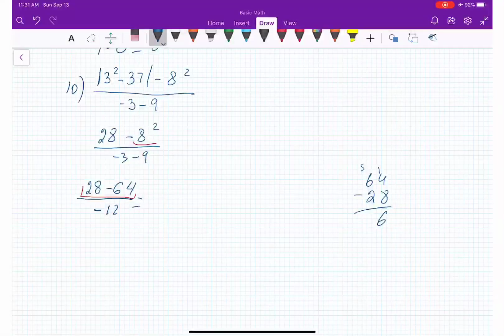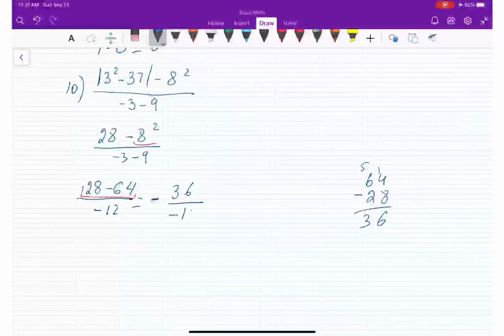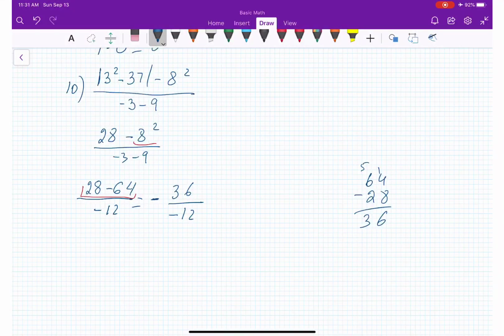Here we have 5 left. 5 minus 2 is 3. 36. And it's going to be negative, yes? Instead of putting it on top, I put the negative right in the middle of the fraction, dividing by negative 12. So the negative is going to become positive, right? Since a fraction line is a division, we already know that. So 36 divided by 12 is going to be 3. So the answer is positive 3.